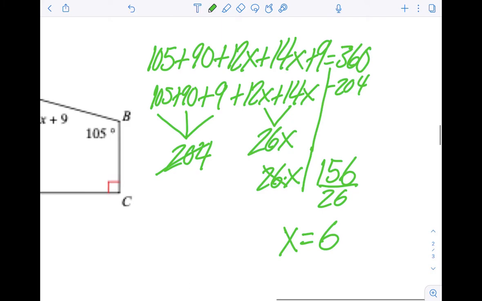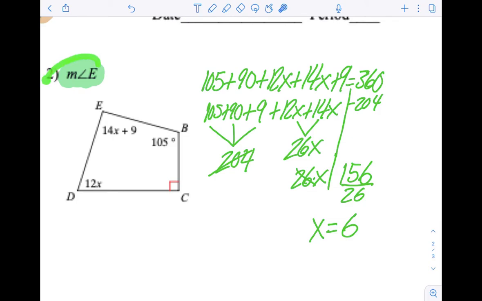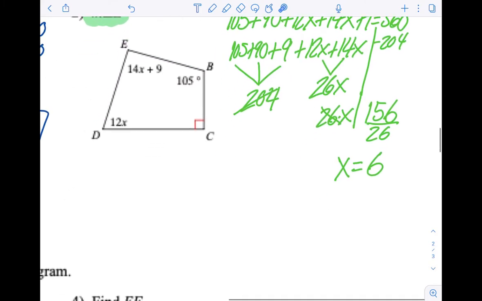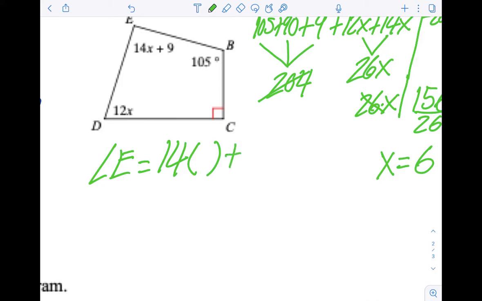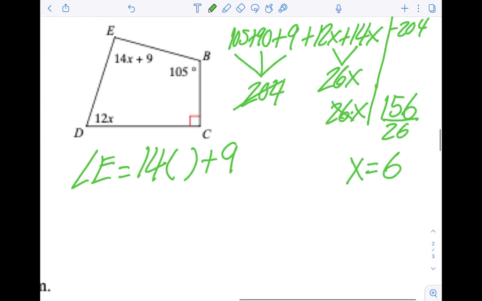Again, I'm able to do it in my head, but remember, use the calculator. That's what the tool is there for. You get 6. Now remember, they're asking for angle E. Angle E is 14x plus 9. So over here, I'm going to say angle E is equal to 14, with x in parentheses, plus 9.